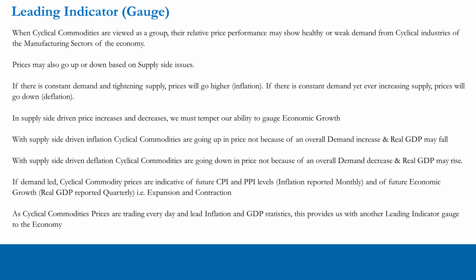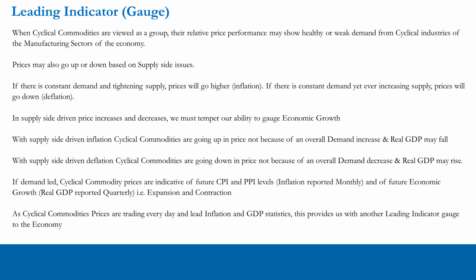If it's demand-led, then cyclical commodity prices are indicative of future CPI and PPI levels, which is reported monthly, so monthly inflation numbers, and of future economic growth, so real GDP growth, which is reported quarterly, so expansion and contraction.